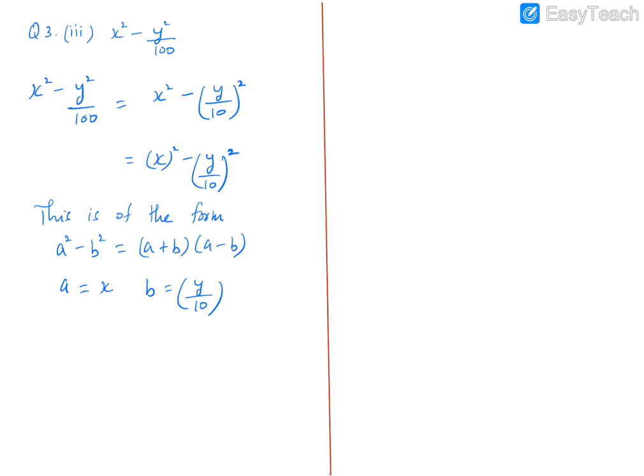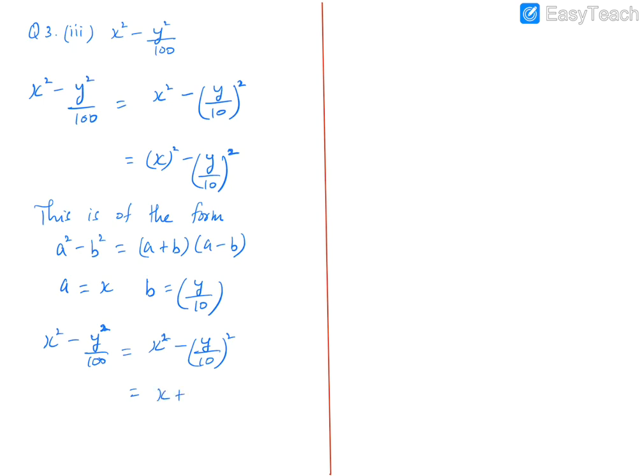So we can write our expression x square minus y square by 100 to be equal to x square minus y over 10 the whole square, and that we can write in the form of a plus b into a minus b.